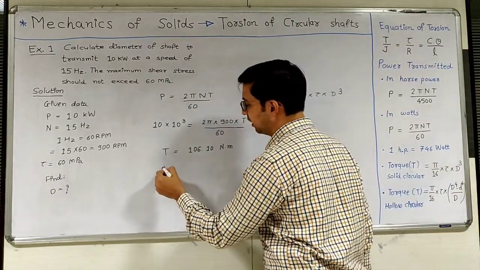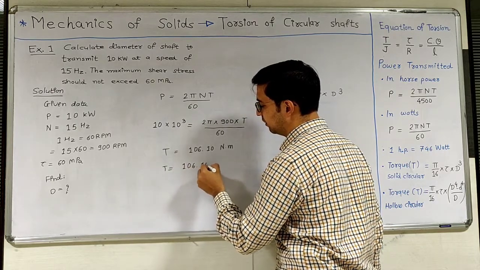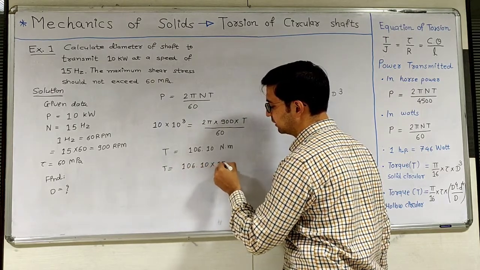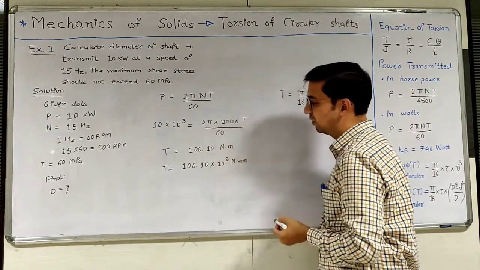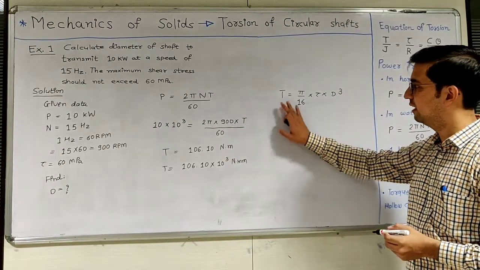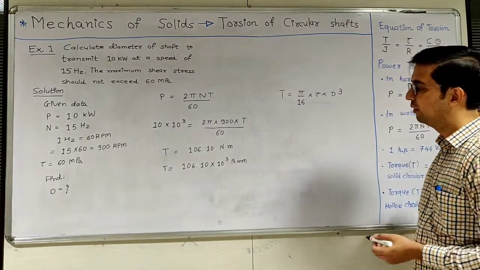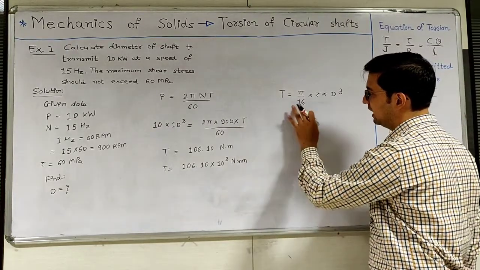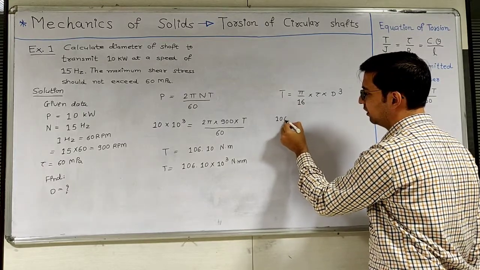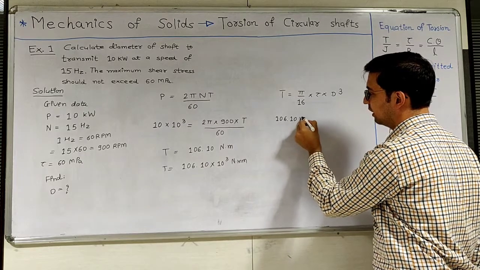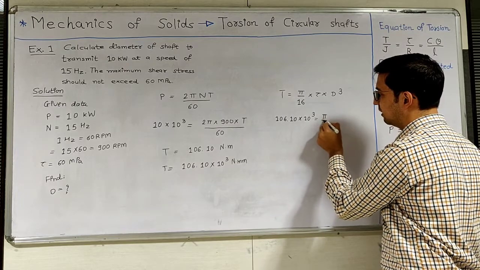So we will get the torque generated as 106.10 into 10 raised to 3 Newton into mm, because we need to put the value of torque in this equation in unit Newton into mm. Now substitute the value of torque T in this equation: 106.10 into 10 raised to 3 equal to pi by 16.